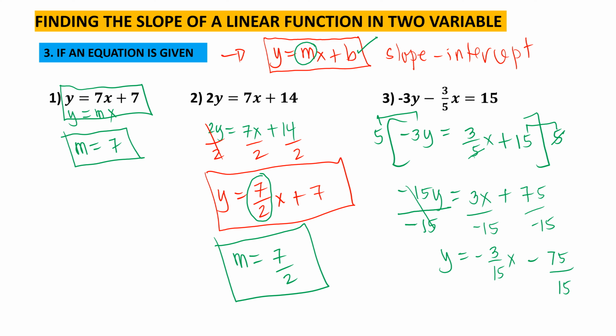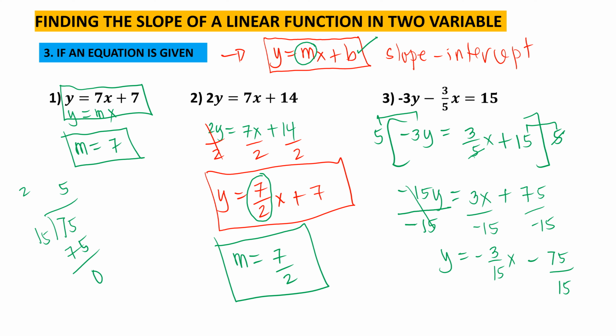Is 75 exactly divisible by 15? Let us try to see how to simplify it further. So if we have a 4, then it's a 60. If we have a 5, 5 times 15 is 75. Okay, yes.